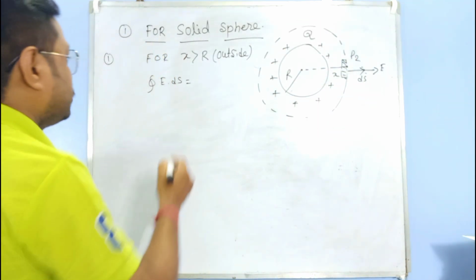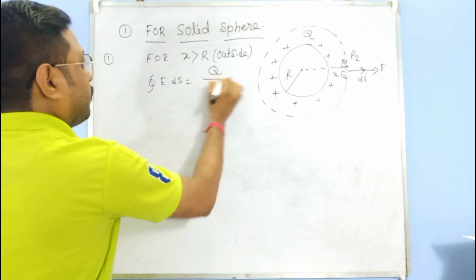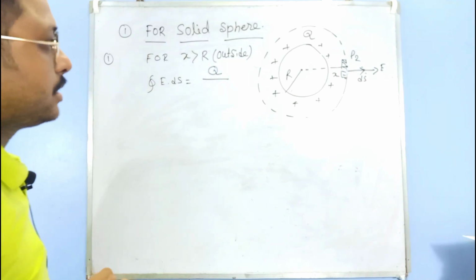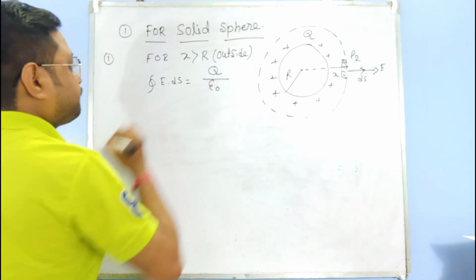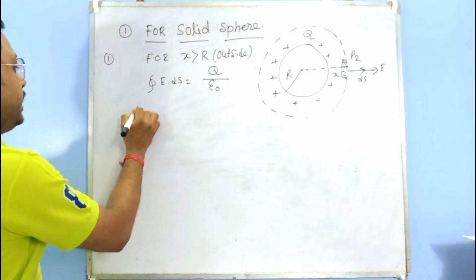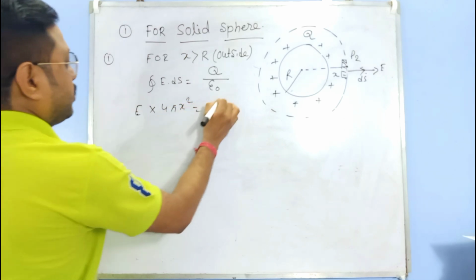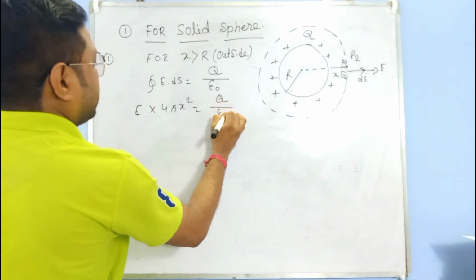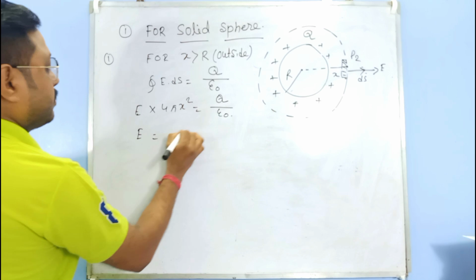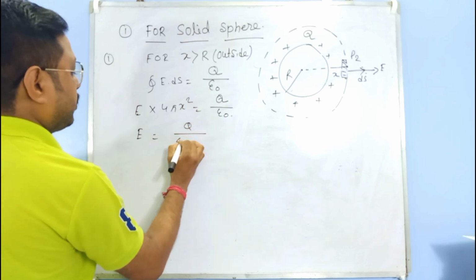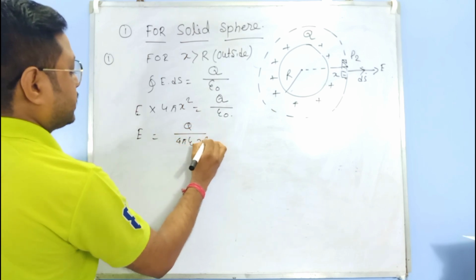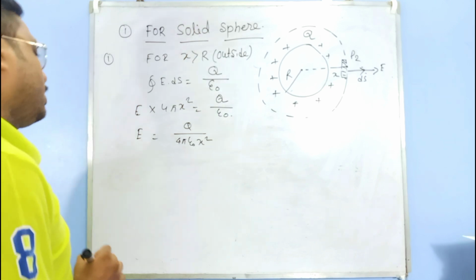So it is written as q by epsilon naught. So E multiplied by 4 pi x square equals q by epsilon naught, or E equals q by 4 pi epsilon naught x square.